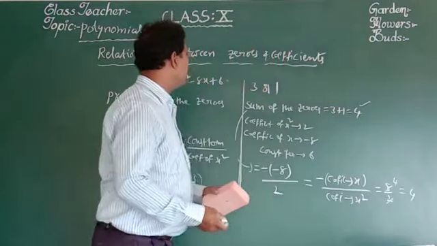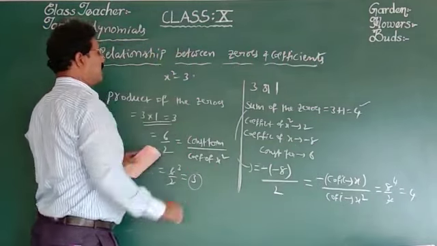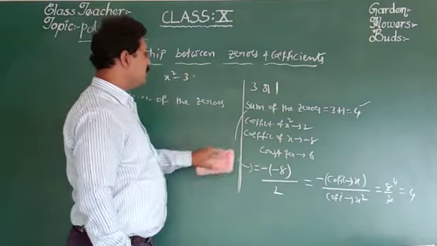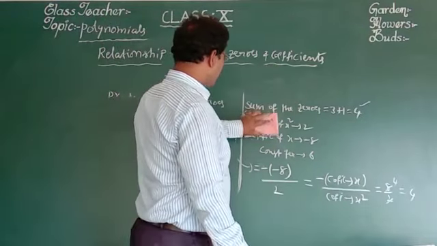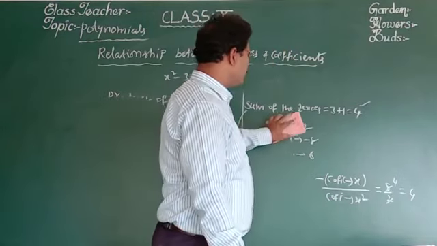Find the zeros of the polynomial x square minus 3, and verify the relationship between zeros and the coefficients.